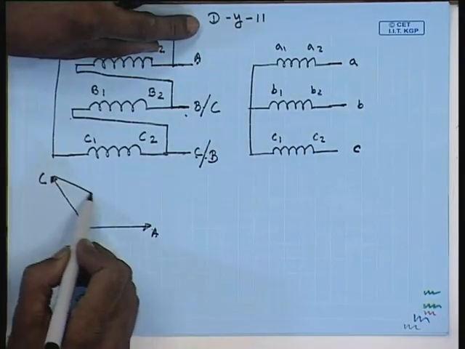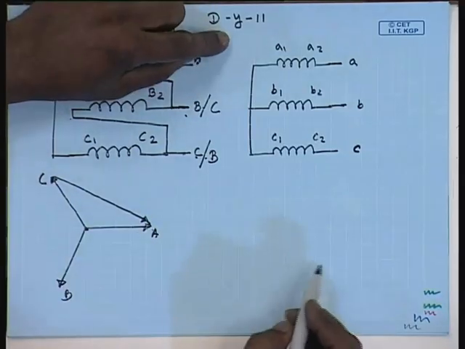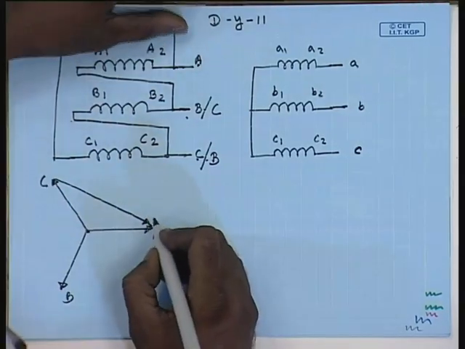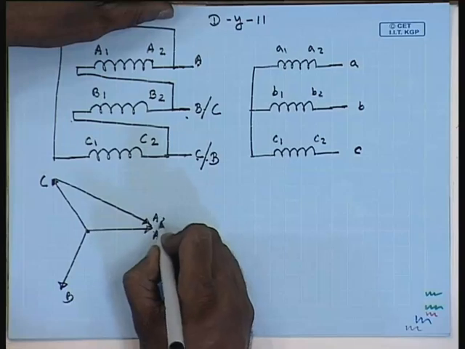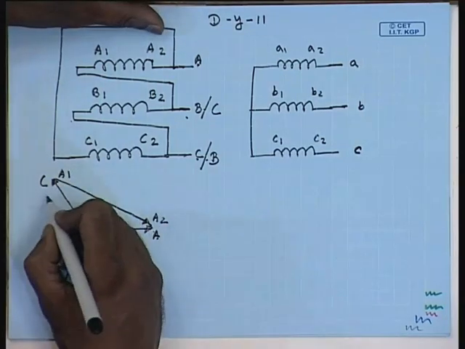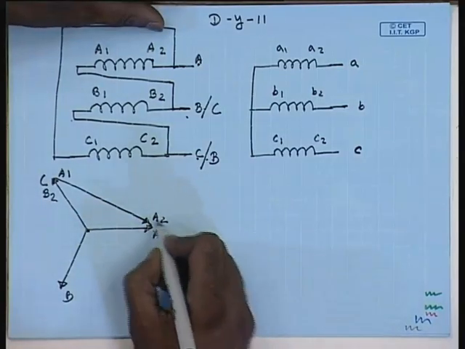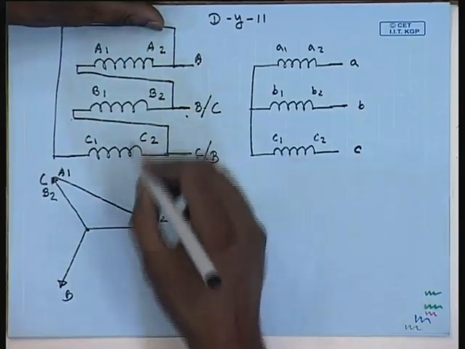So, this is the line voltage, this is A2, this is A1 as well as B2, this is A2 as well as C1.